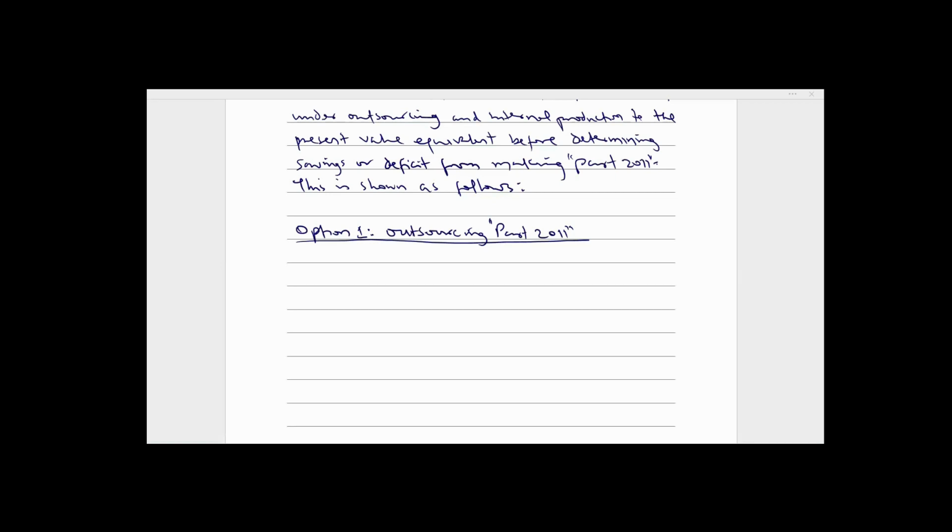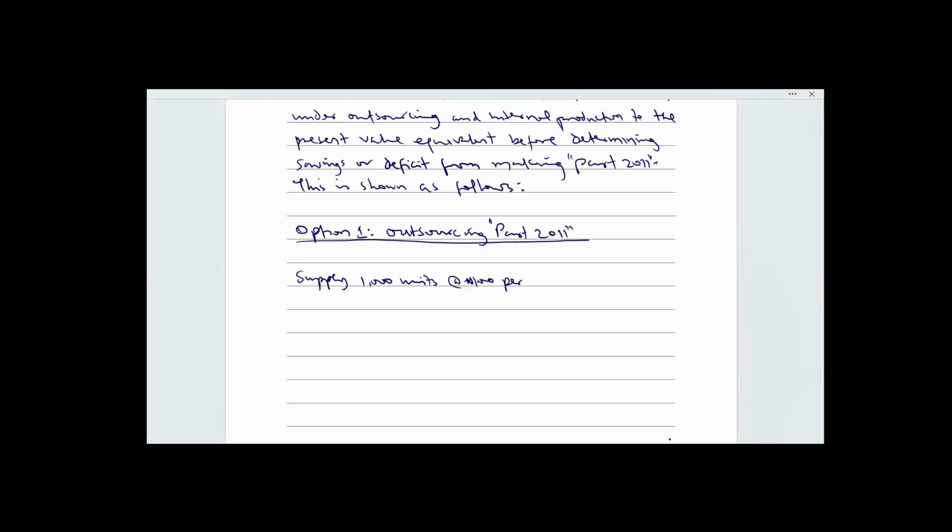So let us indicate that. I will say supply 1,000 units of Part 2011 at 100 Naira per year. Let me confirm that. Yes, per year.